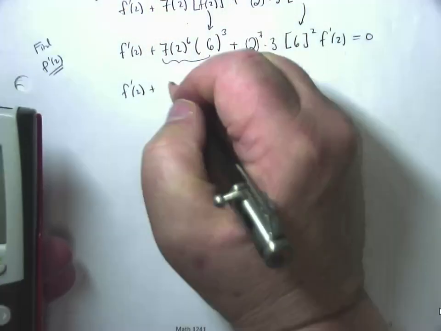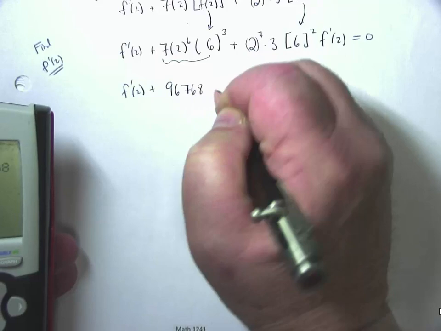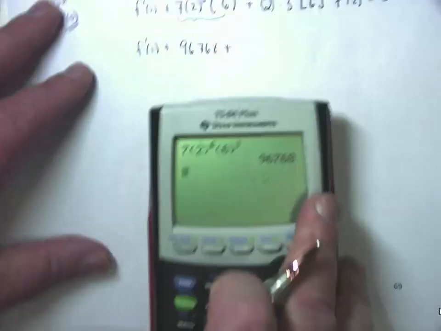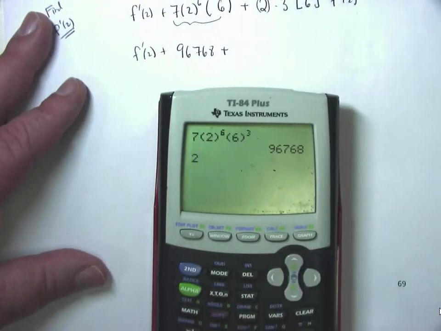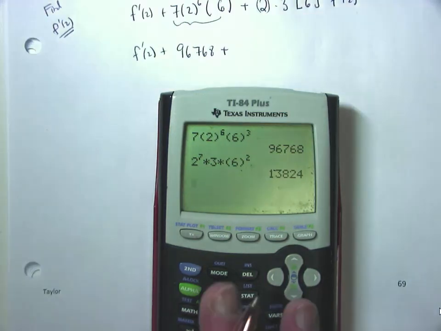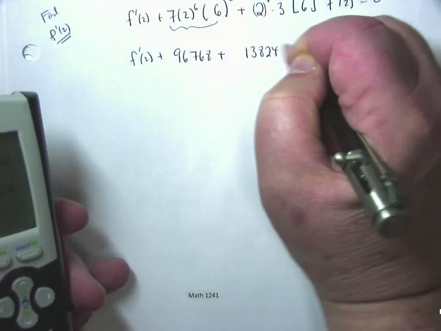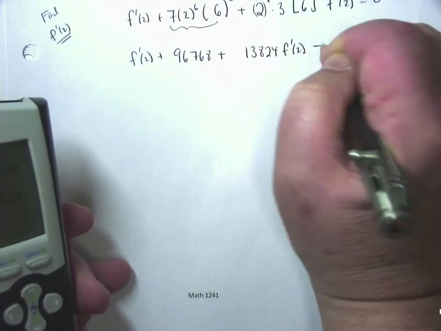Yep, I stole this one right off WeBWorK. 96,768 plus, let's put this one on there, it's 2 to the 7th times 3 times 6 squared. Yeah, I know that's 36, but I'm putting it on a calculator anyway. That is 13,824. 13,824 times f prime of 2 equals 0.